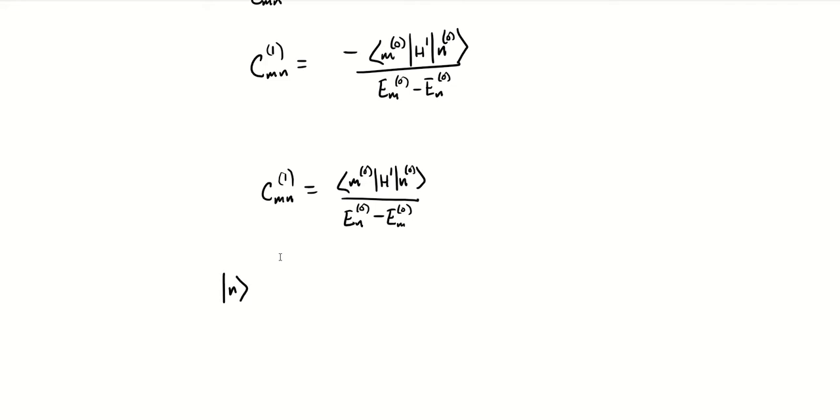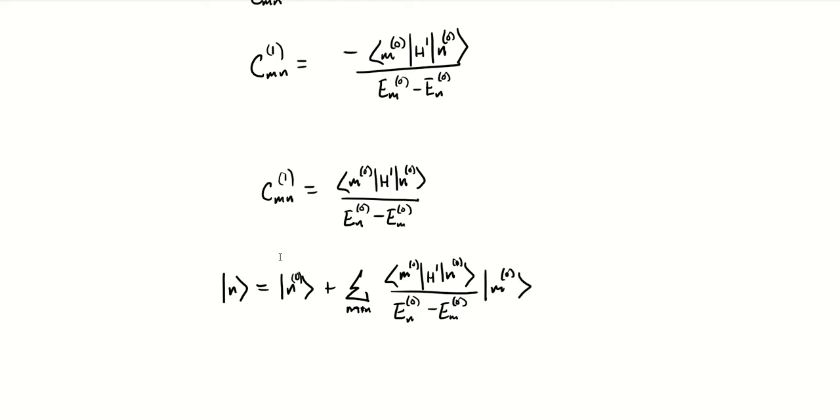So our perturbed energy eigenfunction is that unperturbed energy eigenfunction plus this correction, which is summing over the m's not equal to n's of those matrix elements of H' between the 0th states over those differences, all times those unperturbed energy eigenstates.